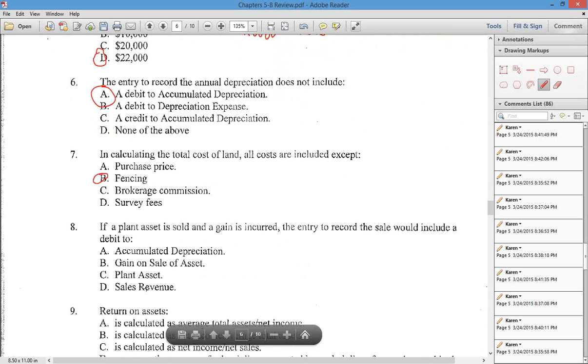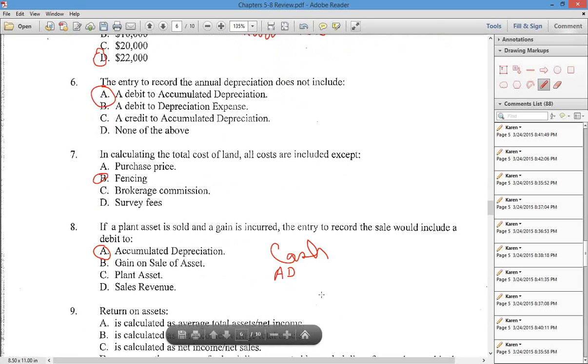On 8, the plant asset is sold and a gain is incurred. The entry to record the sale would include a debit to accumulated depreciation, and the entry would be cash, accumulated depreciation.